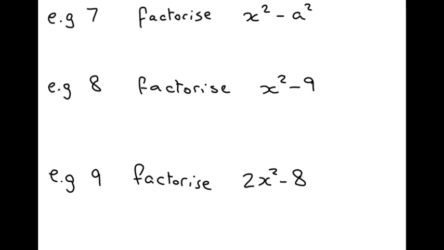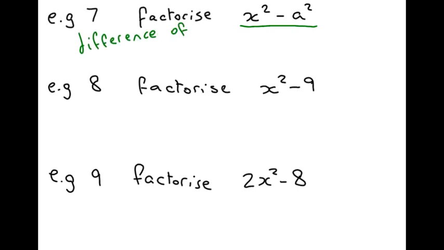Example 7. Oh, now, if you think about this one, what we need is something that's going to multiply out and give us this. Okay? Now, this is a bit of a trick one, really. And it's called the difference of 2 squares. Okay?